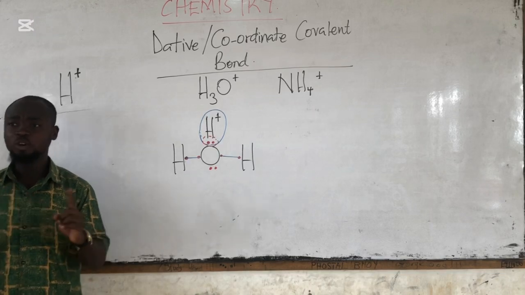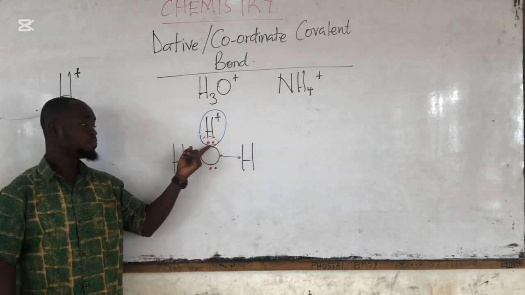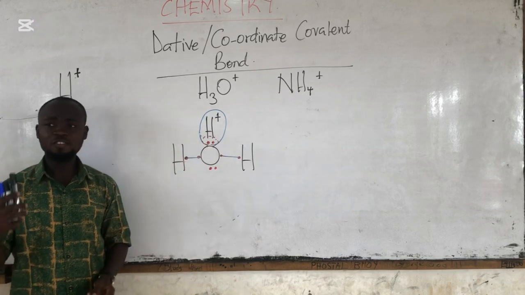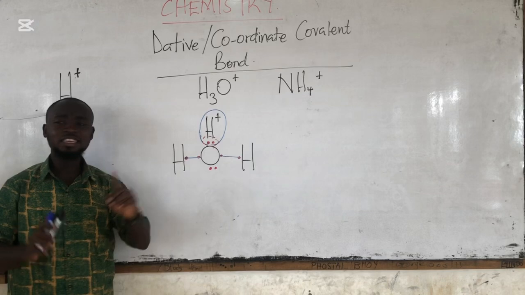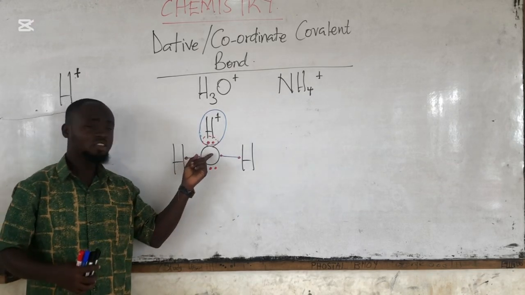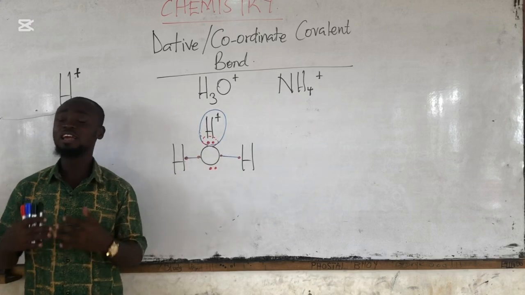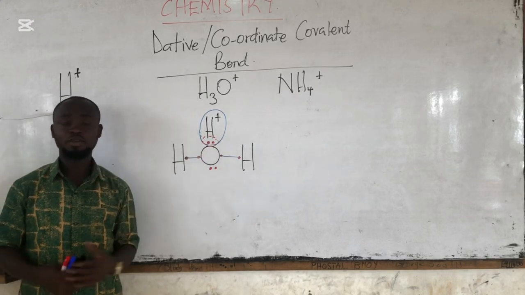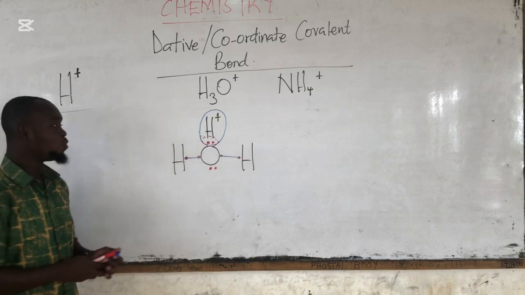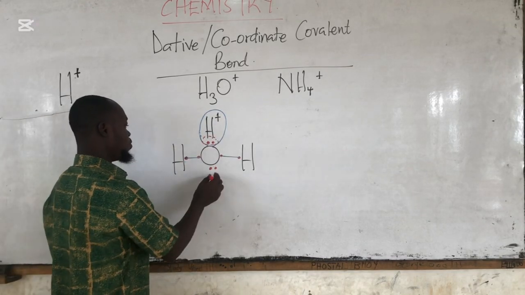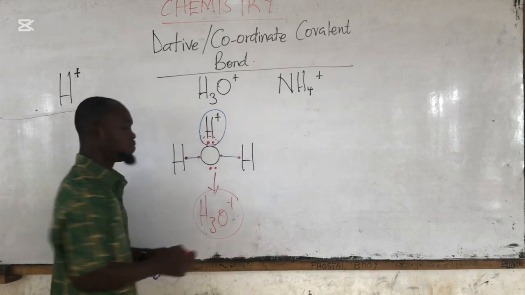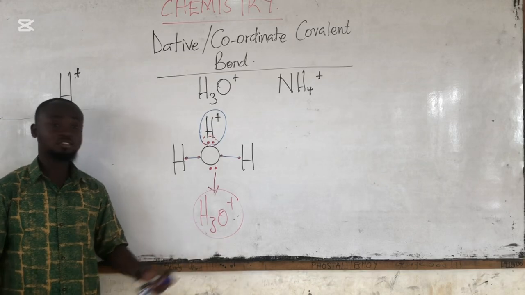It is a covalent bond because there is an electron pair shared between this O and this H. It is a dative bond because the hydrogen ion didn't donate any electron, but only the oxygen atom in water donated the electron pair, which is being shared between the two atoms. This formation leads us to the compound H3O+, and this is a dative covalent compound.